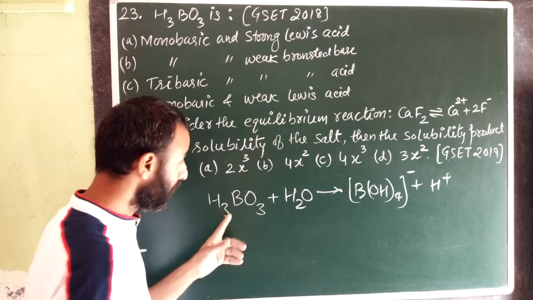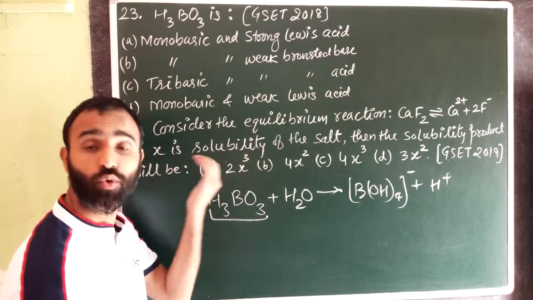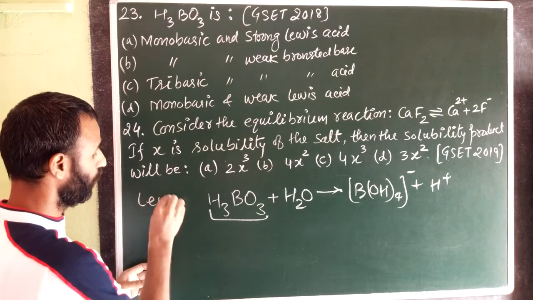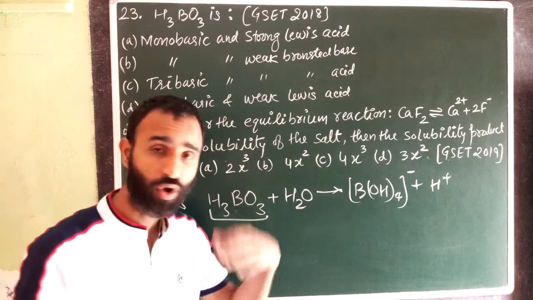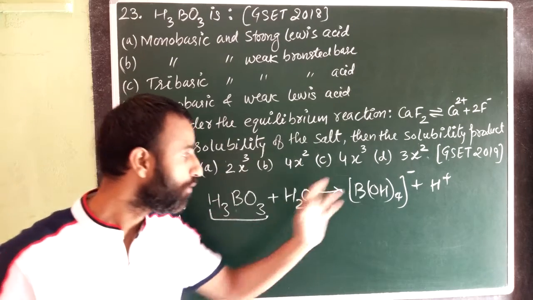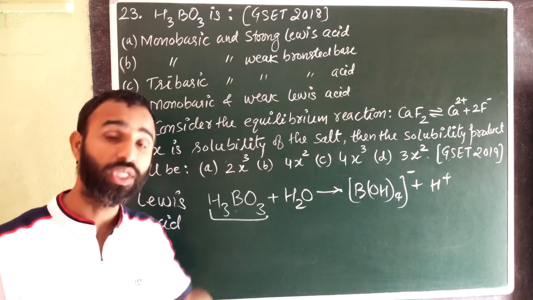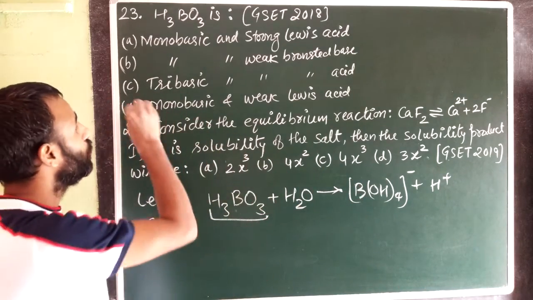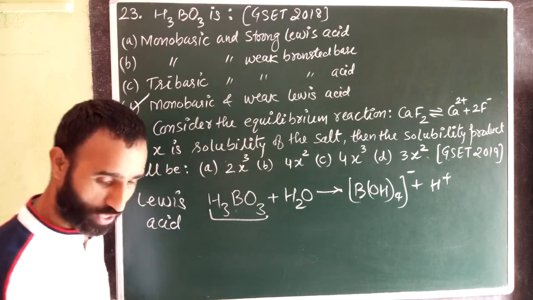So that means this is acid because it accepts OH negative ion. So it is actually Lewis acid. As it itself will not give H plus ion, so it is a weak Lewis acid. It accepts one OH negative ion, which in turn gives one H plus ion. That's why it is a monobasic and weak Lewis acid. Keep in mind. Done? Okay.